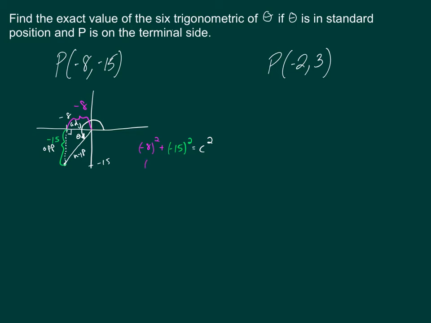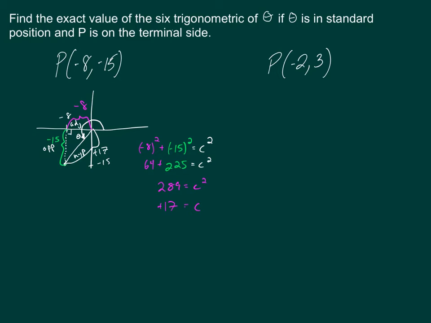So this gives me 64 plus 225 equals c squared. This is equal to 289 equals c squared, which means c equals 17. And make no mistake, this is a positive 17. So the hypotenuse is a positive 17. So now our opposite and adjacent sides have negative signs, and the hypotenuse is still positive.